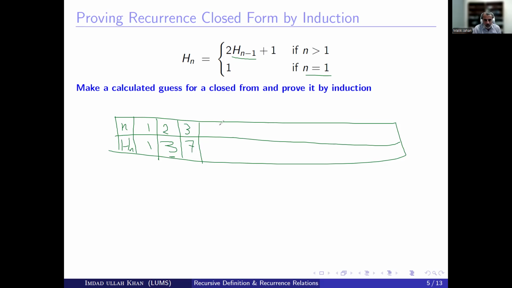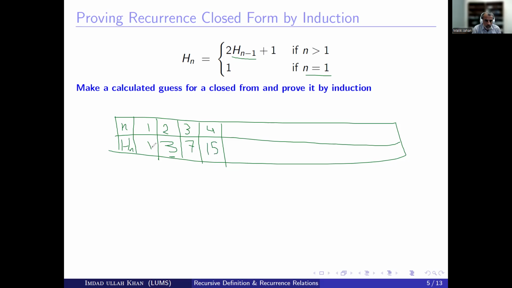If not, try to optimize them. And then for 4, in order to compute 2hn minus 1 plus 1, hn minus 1 was 7, so 2 7s are 14, and 14 plus 1 is 15.